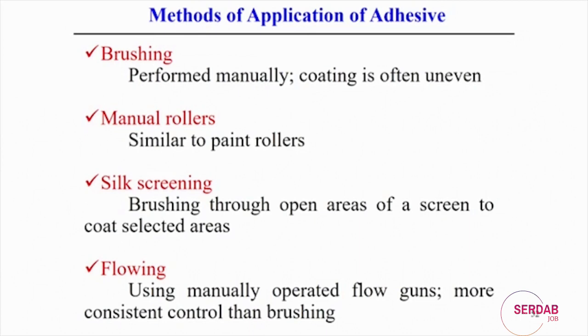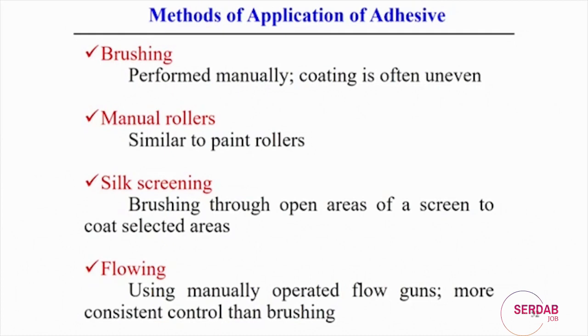Simply brushing through the open area of a screen, the screen is used to coat selected areas. If you use the screen, it is possible to put the coat on a selective area of the component. So, this method is sometimes applicable for application of the adhesives.